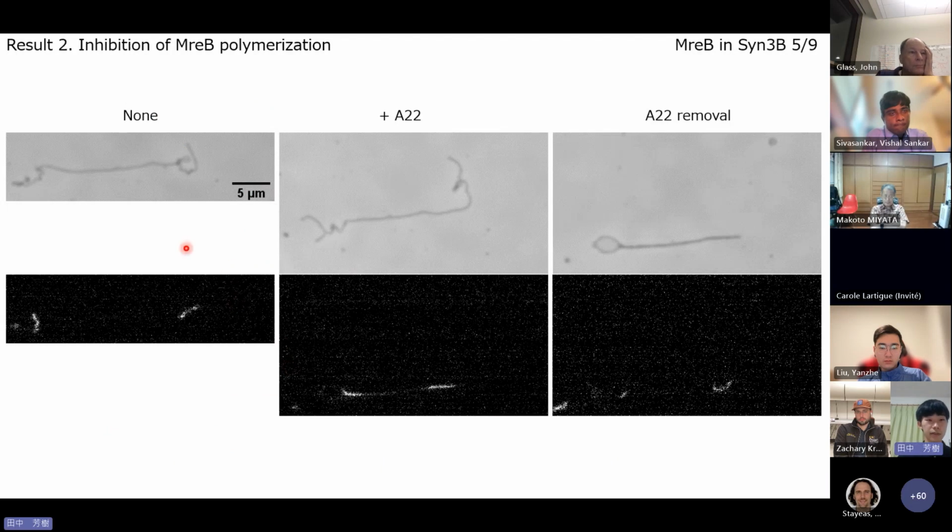Please watch these videos. The leftmost one is the cell before A22 addition. Next one is the cell after A22 addition. Please note this helical part.